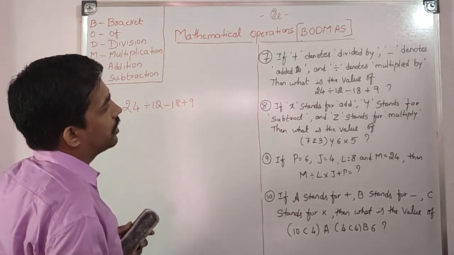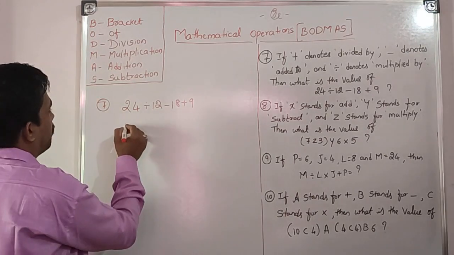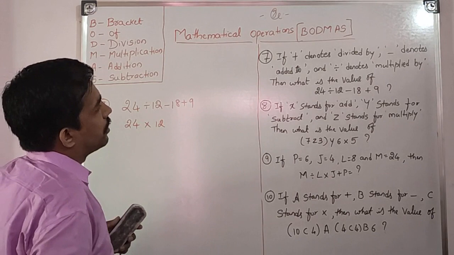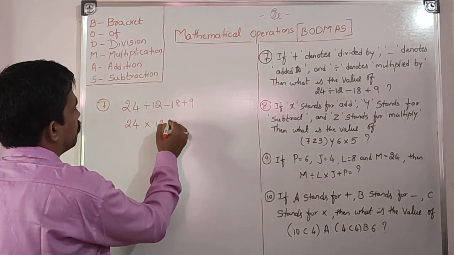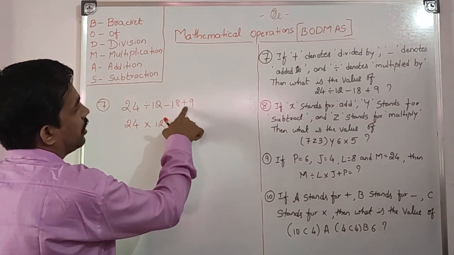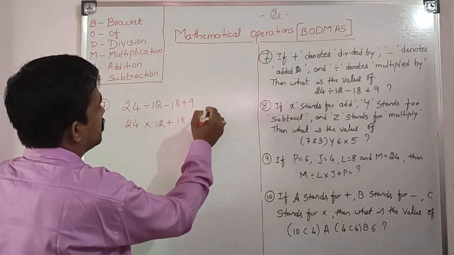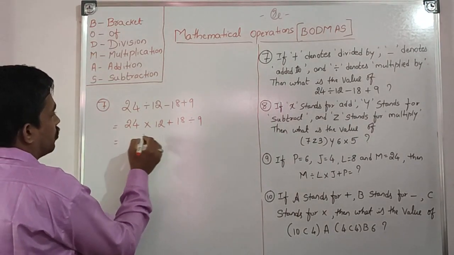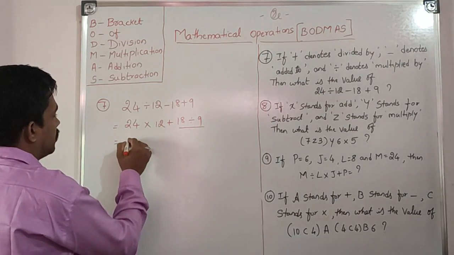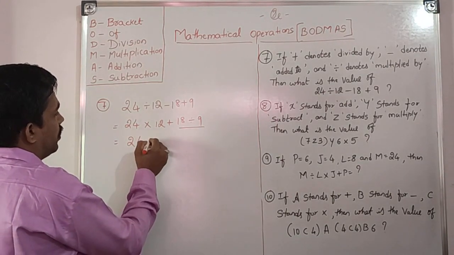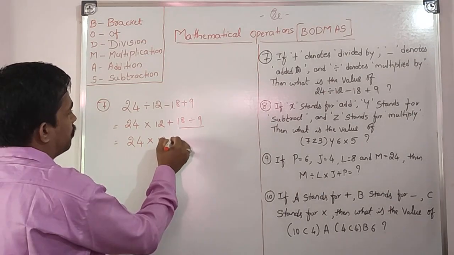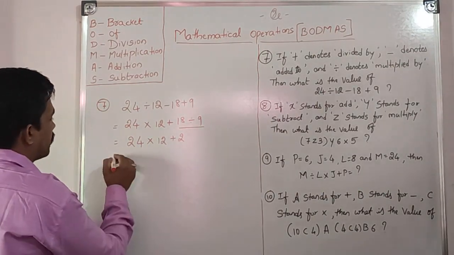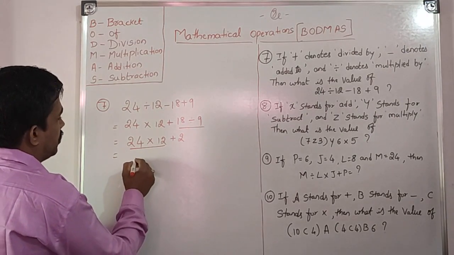So divide denotes multiplied by: 24 into 12, minus denotes added to, plus 18, plus denotes divided by 9. So next we have to do first this according to BODMAS rule. 24 into 12 plus 2. 18 divided by 9 means 2. Now we have to solve this.